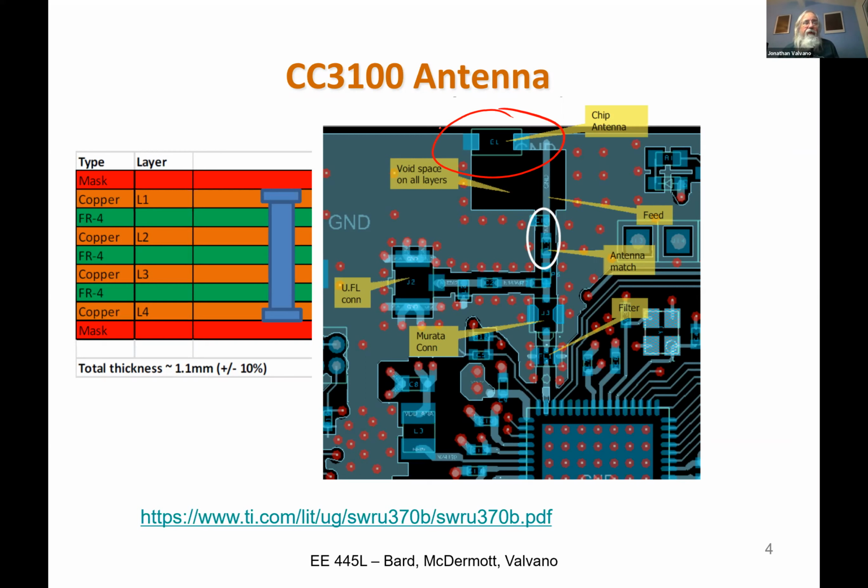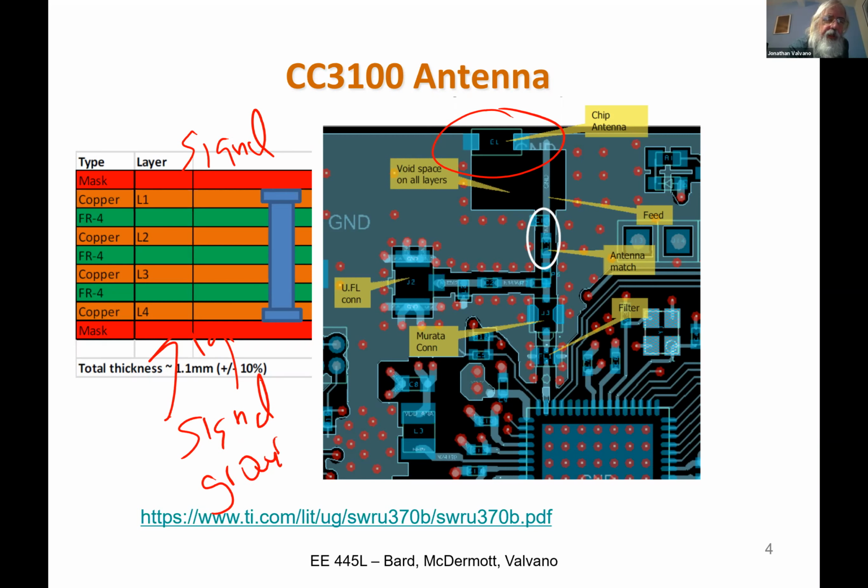It's a 4-layer PCB. You've got signal on this layer, signal and ground on this layer. One of these is a ground layer, and one of these is a power layer.